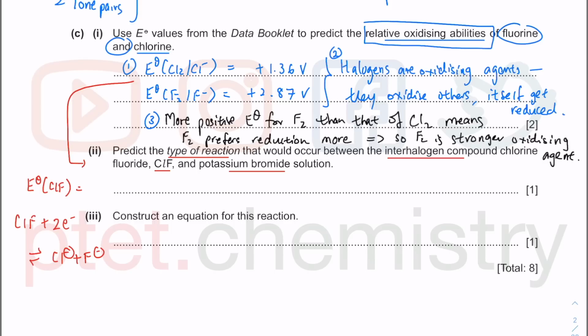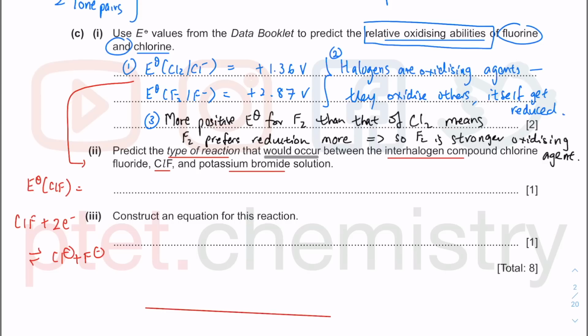So they are asking us to predict the type of reaction that will occur. That means we're expecting it to occur. Both of them are stronger oxidizing agents than bromine, so both can oxidize bromide to bromine.